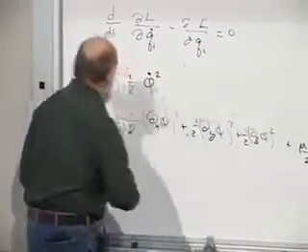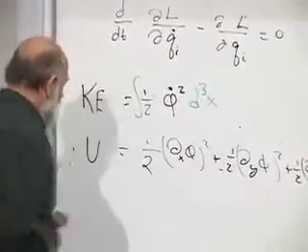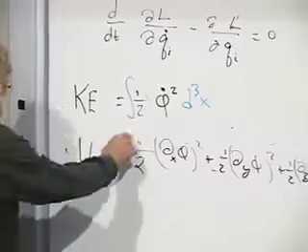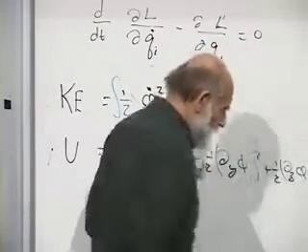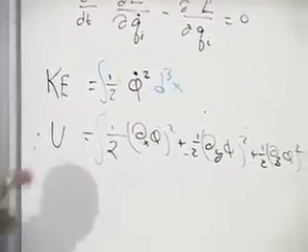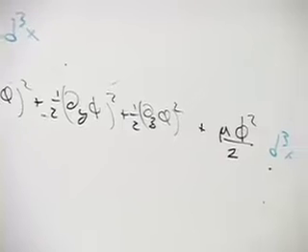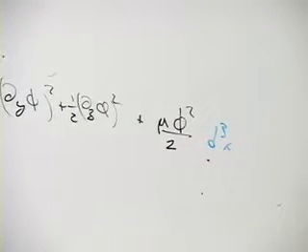Let me put it in blue here. It's really the integral d3x. And the potential energy would be the integral also. But sometimes we lapse into a simpler language and just call this term the kinetic energy without the integral, and this term the potential energy. Okay.